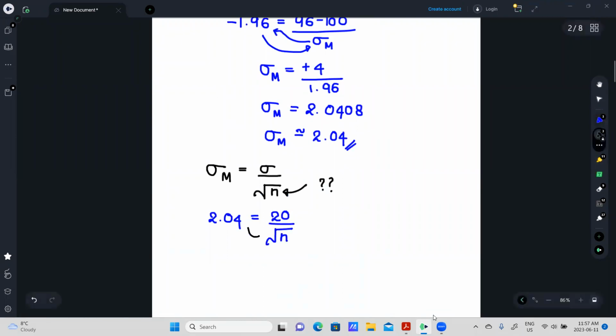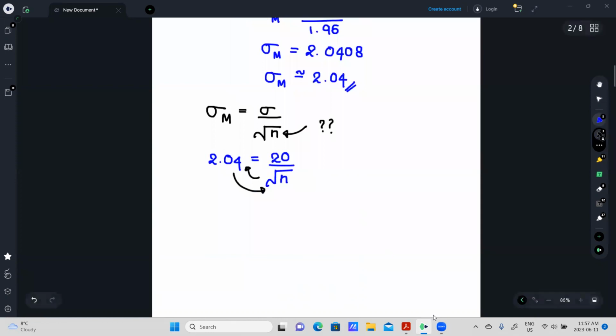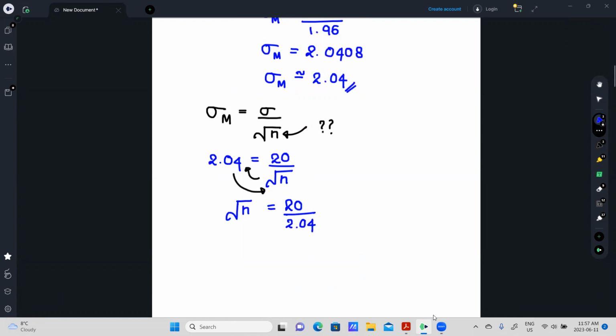Again, I cross multiply, taking square root of n here and 2.04 down. So square root of n is equal to 20 divided by 2.04, which is 9.8039. I'll make it 3 decimal places, 9.804.